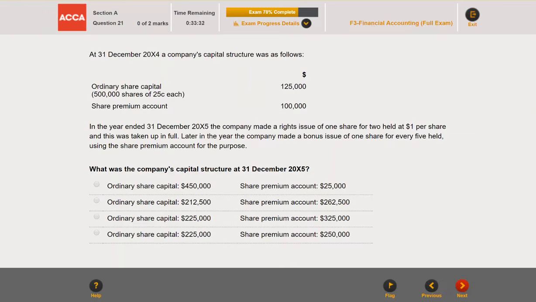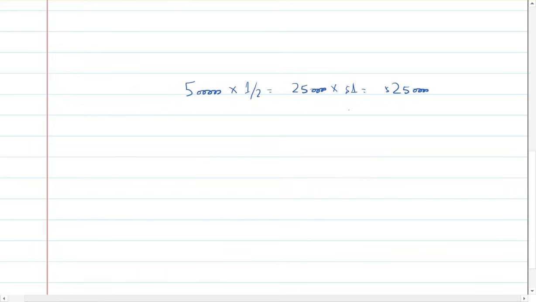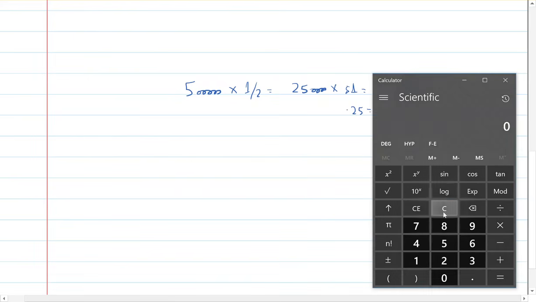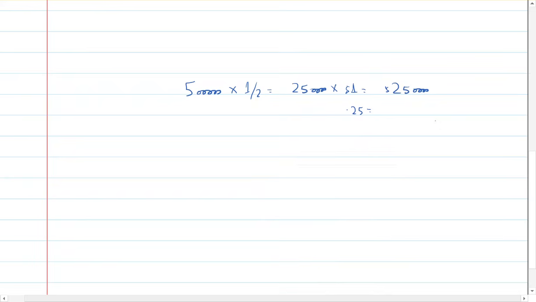So multiply by 0.25 should go to share capital, which is 62,500.